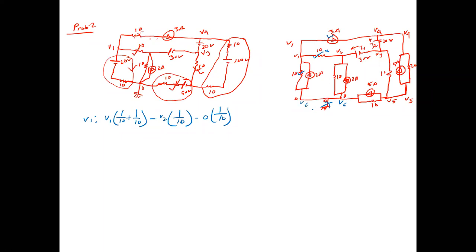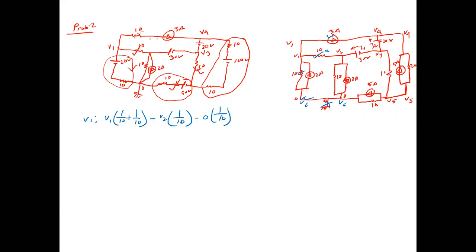But if there is ground, then ground means 0, so this is 0. If not ground, this is V6, not 0. Clear?